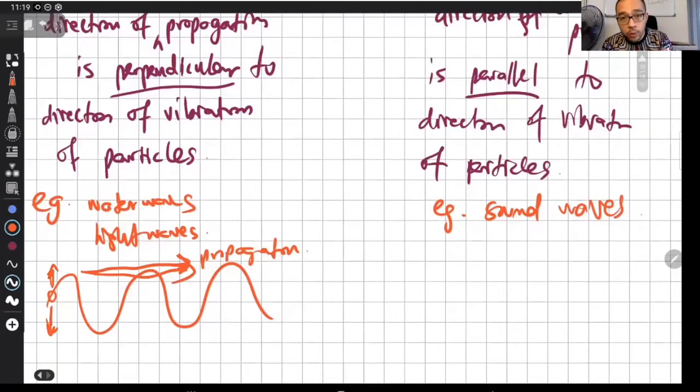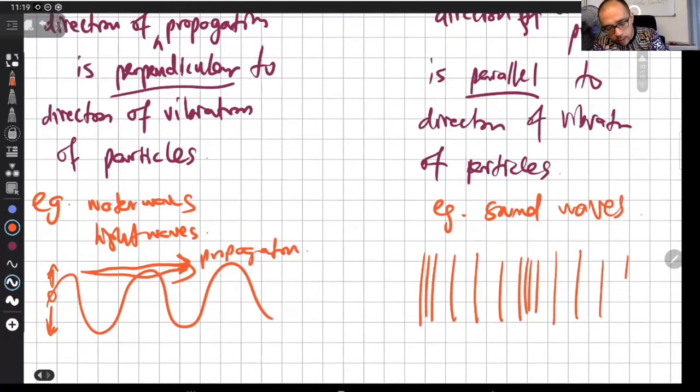But in sound waves, the sound waves will look like this, where the molecule is going from left to right and the wave is still propagating this way. So the direction is the same.